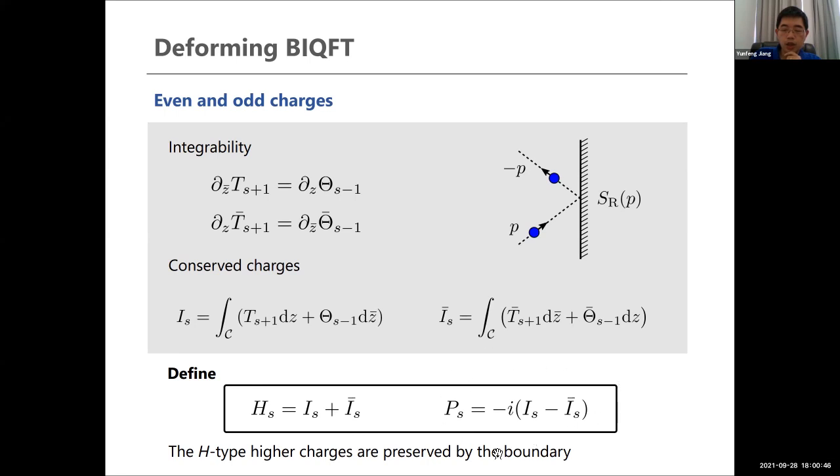These are the odd charges. In fact, if you take S equals 1, then it's the usual momentum. And these H_S are the even charges. If you take S equals 1, then this is the usual Hamiltonian. So P_S is broken by the boundary, and H_S is preserved by an integrable boundary.